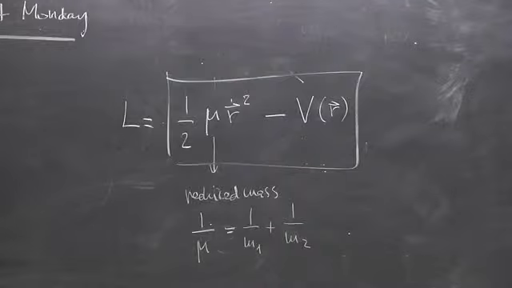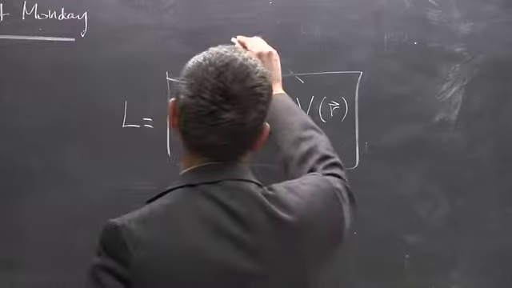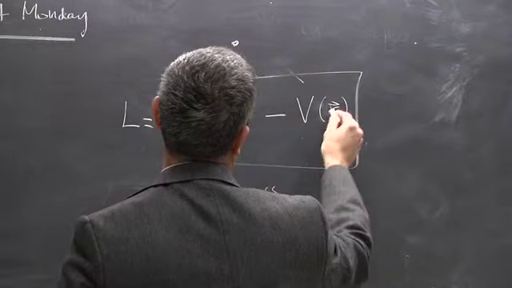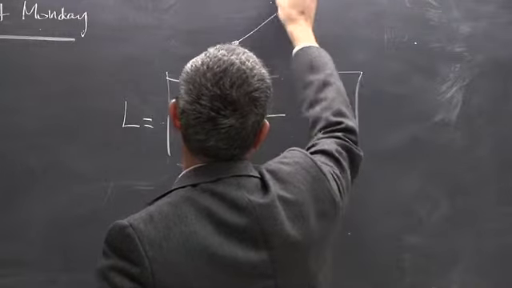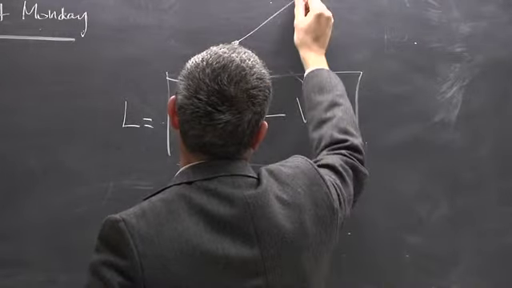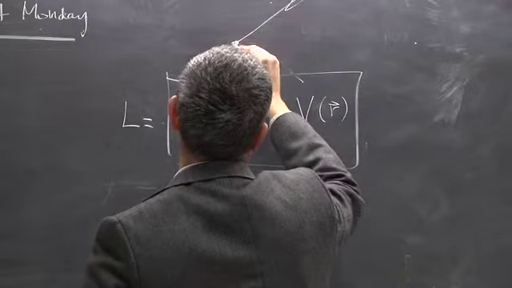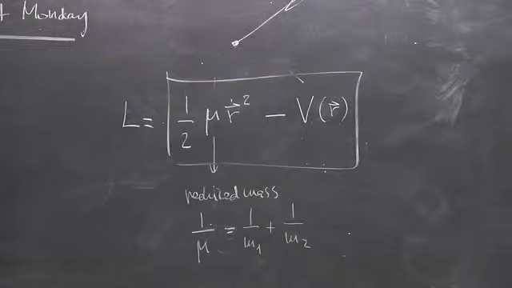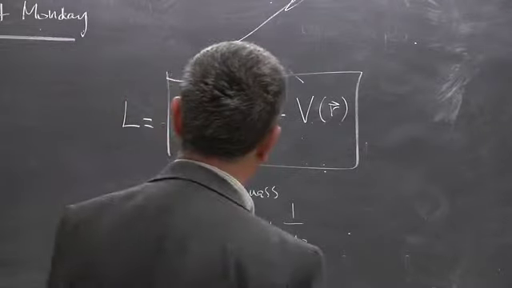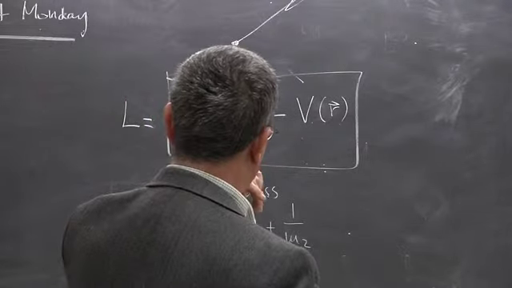So it's a body there. The picture now is: here is the origin for this vector r, and I have a reduced mass body here moving in some way, and I have a force pointing toward this point, given by the gradient of that potential. Okay, so this is the central force problem.